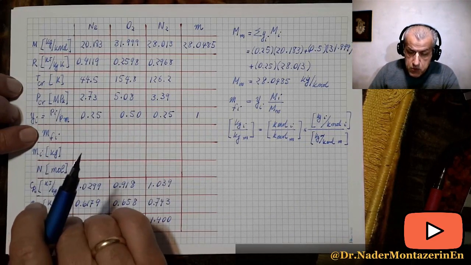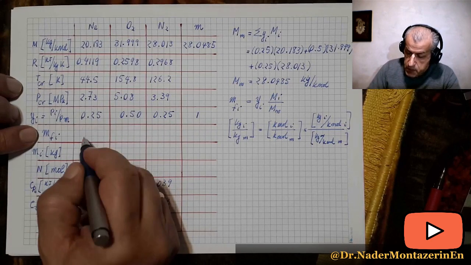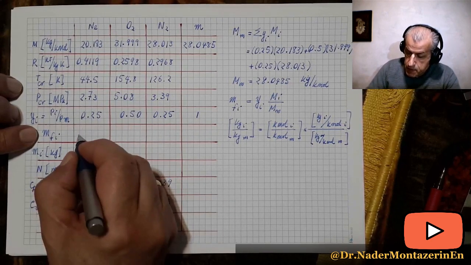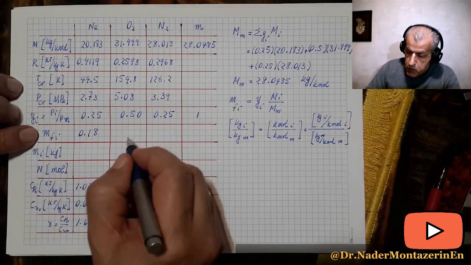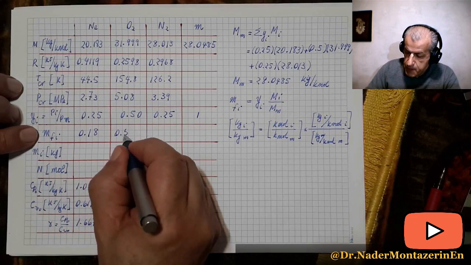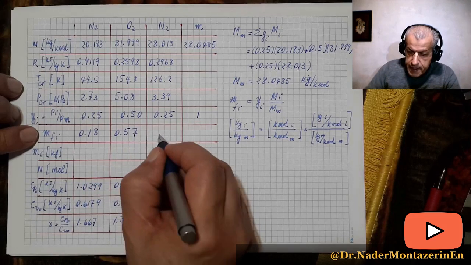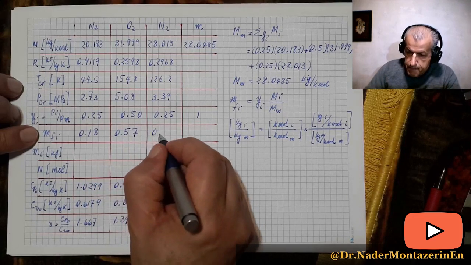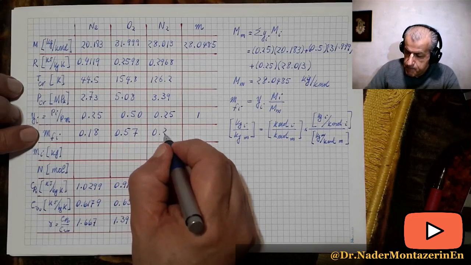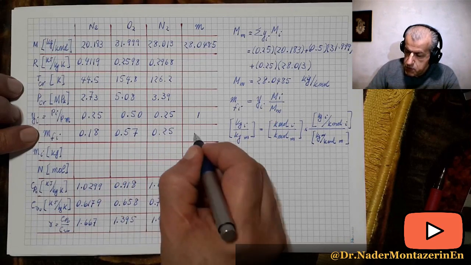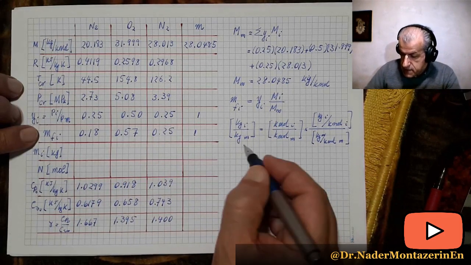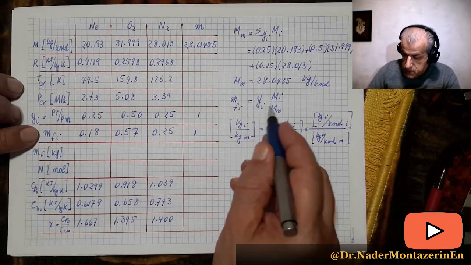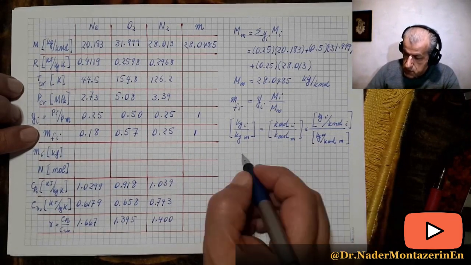This row would be 0.18, 0.57, and 0.25. And the sum would still be 1. Let's put numbers in this one to make sure that we are doing it right.